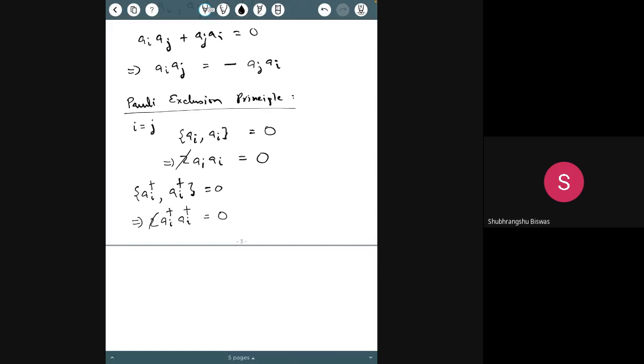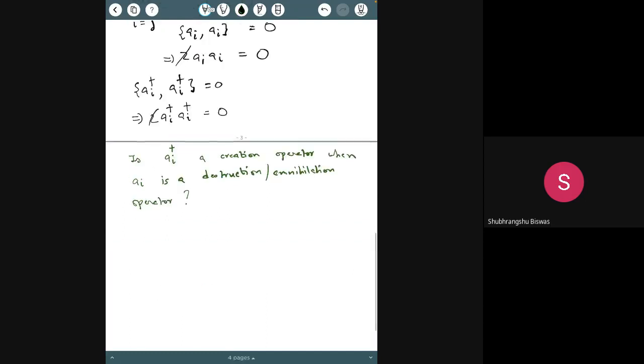Now, the other question that we addressed last time is why do we call a_i dagger a creation operator when a_i is a destruction or annihilation operator.